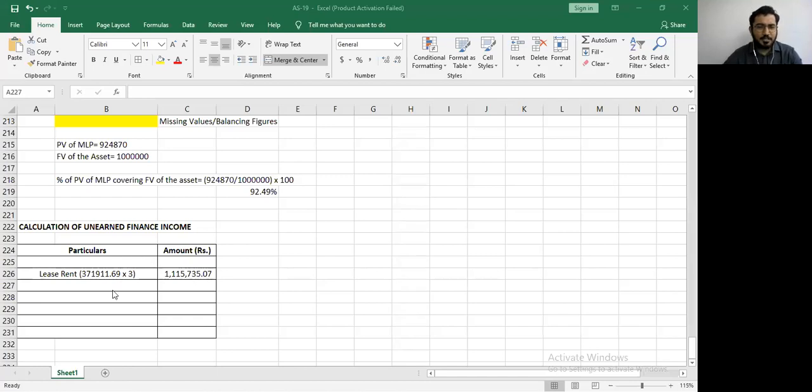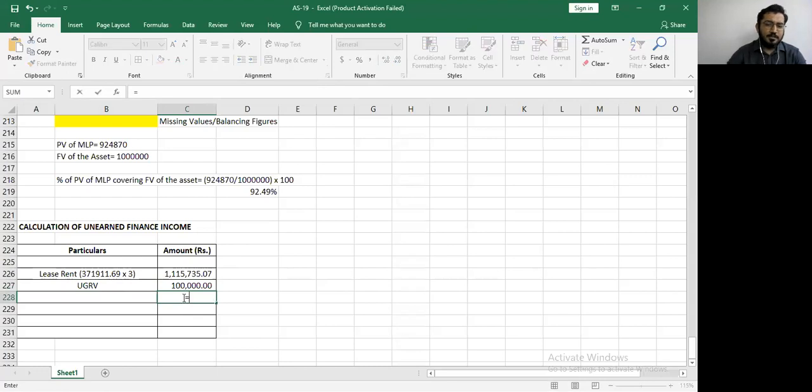Since in this question I have only unguaranteed residual value, I am taking that unguaranteed residual value of 1 lakh.